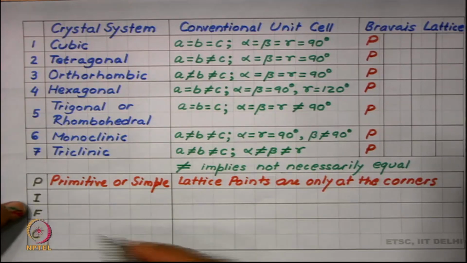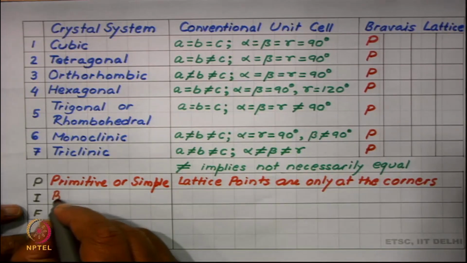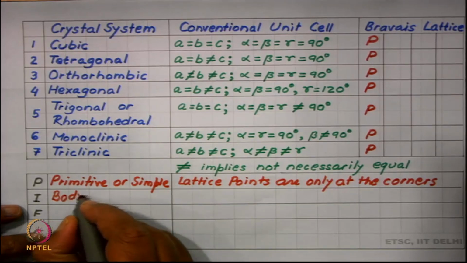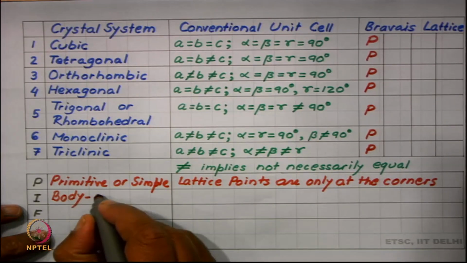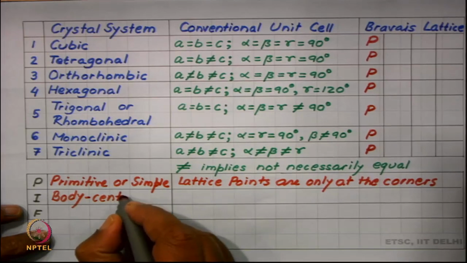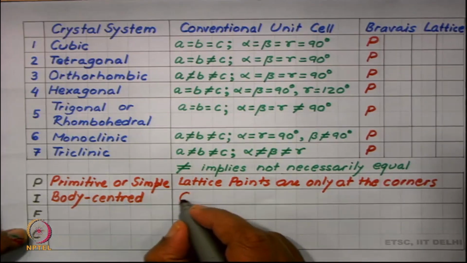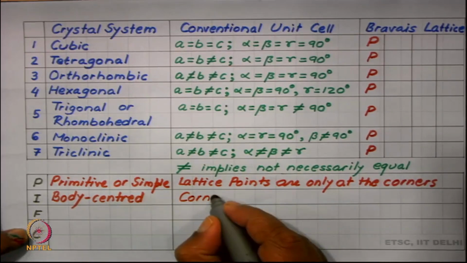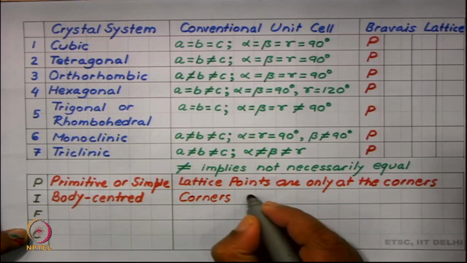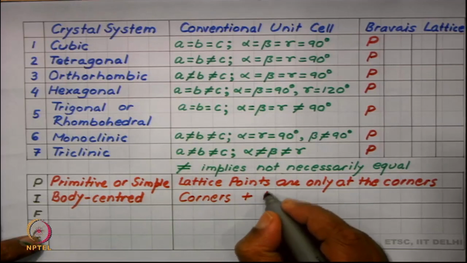The next type is I or body centered. Body centered means lattice points are at corners as well as the body center.